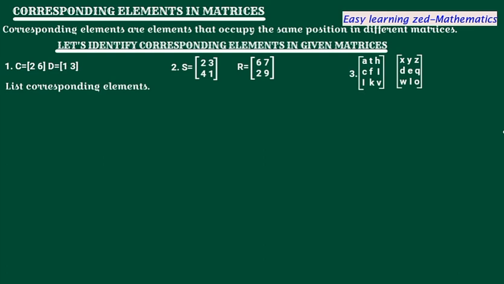Matrices can be a pair, like I have done in each example, but they can also be three or even four. You can still compare them.